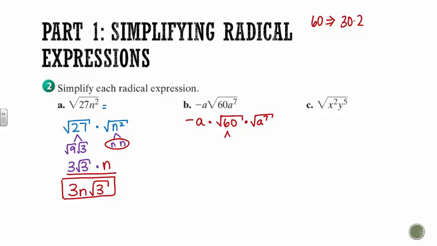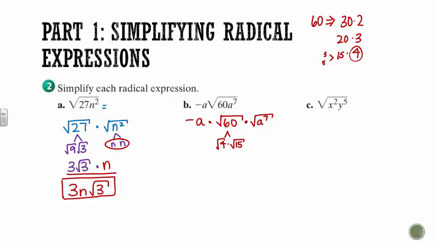Our next smallest one would be 3 and 20. Neither of those are perfect squares. 4 and 15. This is a perfect square. And 15 can't be broken down anymore. It gets broken down into 3 and 5, which neither of those are the same. So we know this is the biggest perfect square that goes into it.